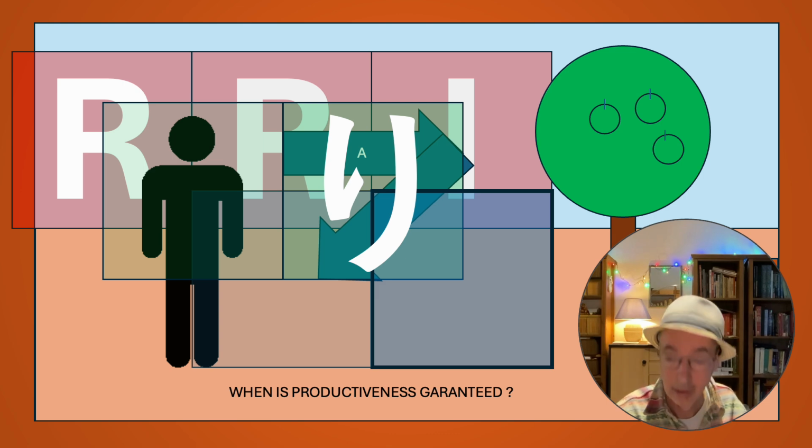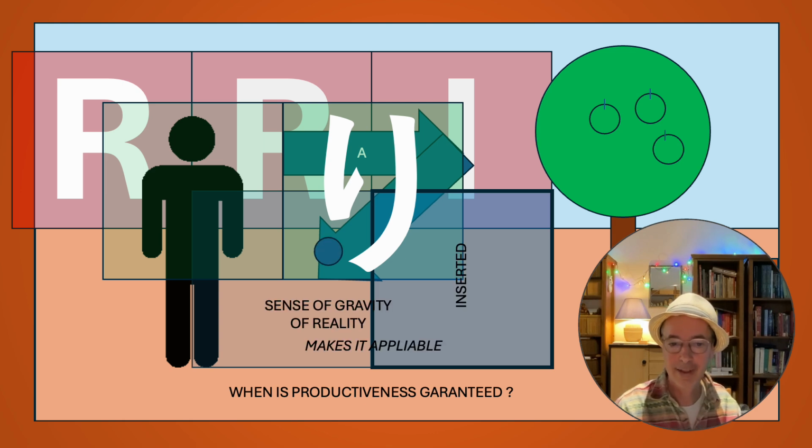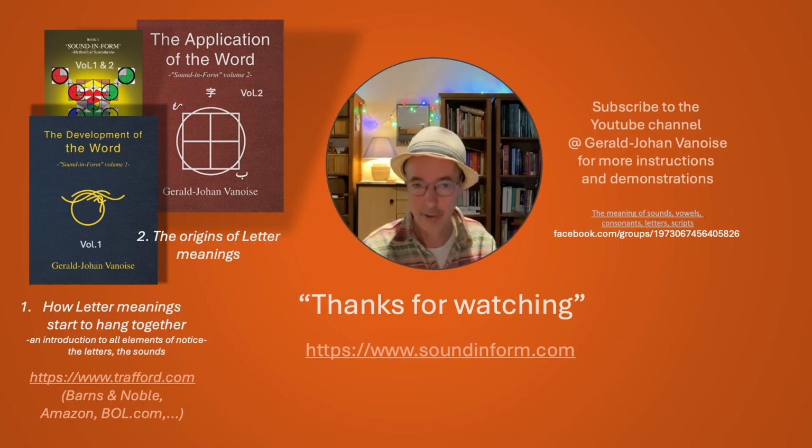Okay, so just besides. But I hope you understand the conclusive ri at the end, where you have the sense of gravity, the sense of reality, that makes it applicable so that you can insert it as a new idea, and then the productiveness of it is guaranteed.